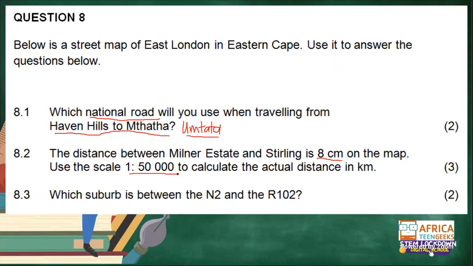Max 3 minutes. Two minutes left for 8.2.